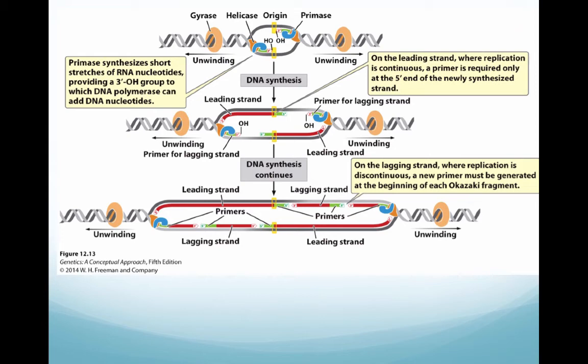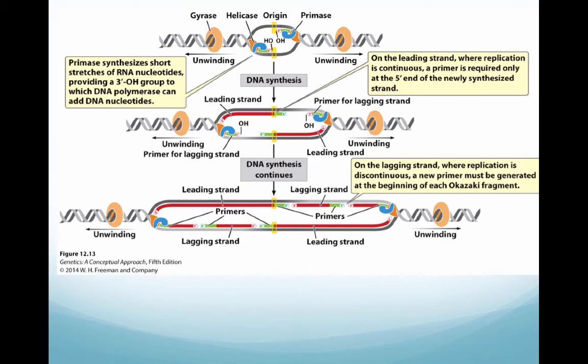All right, so this is what this process is really starting to look like in a step-by-step fashion. If we start up here at the top, we've got our DNA gyrase that is actually relieving the tension downstream. We've got helicase that is clipping the hydrogen bonds between the double-stranded DNA, allowing them to become single-stranded DNA.